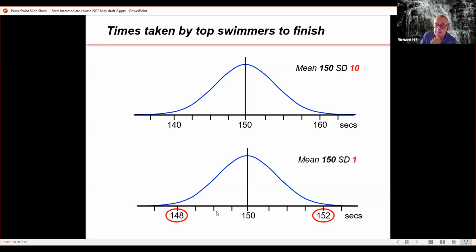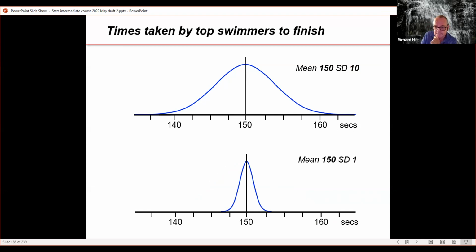That would be the meaning of the smaller standard deviation. If we put them on the same scale, you can see exactly what I mean. This group with a narrow standard deviation, everybody finishes much more tightly bunched up than the group at the top with a higher standard deviation.